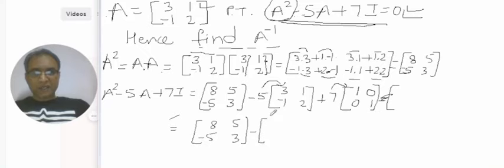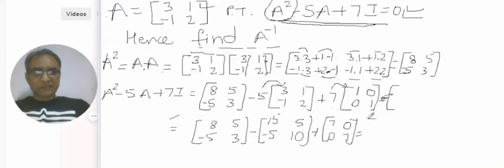Now I am multiplying this 5 inside the matrix. So this becomes 15, then 5 into 1, 5, 5 into minus 1, minus 5, 5 into 2, 10. So I have multiplied 5 inside the second matrix. Now let us multiply the 7. So this is [7, 0; 0, 7].